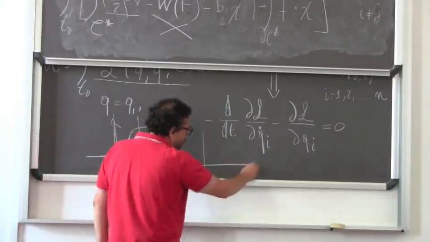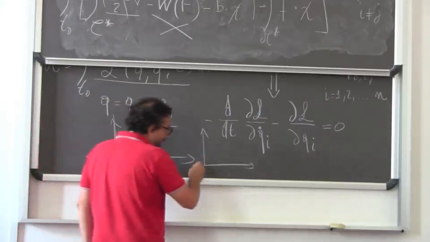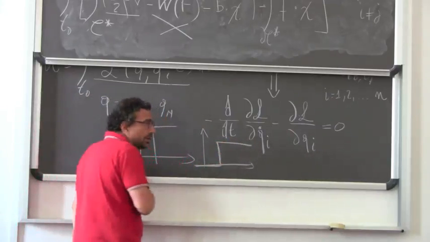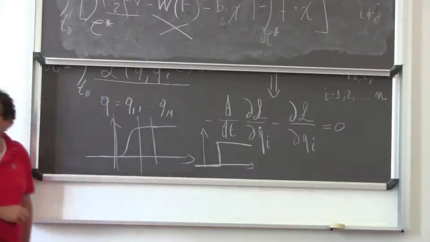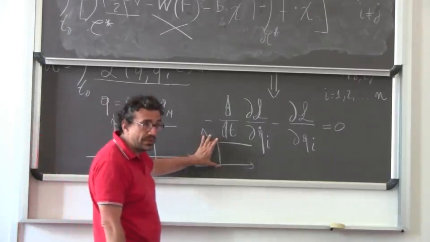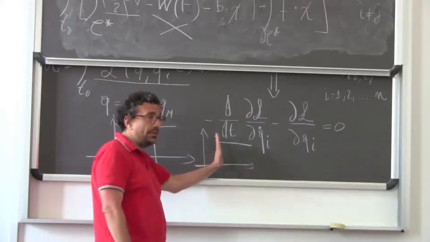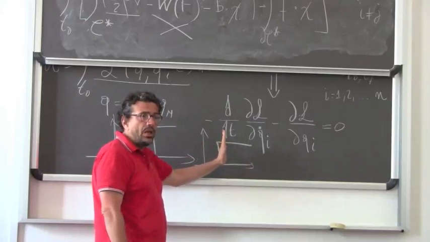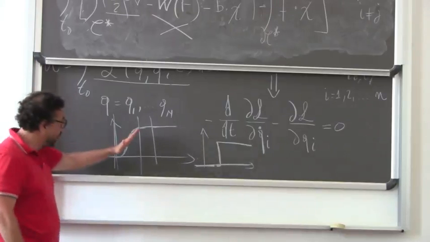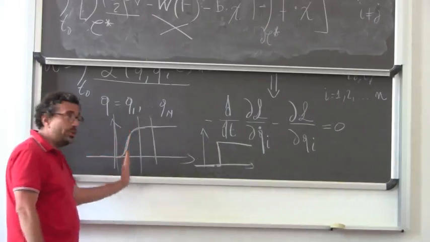When you change this slope in the limit, you will get a Heaviside function. Here you have a jump of displacement, which is the limit of a sequence of functions having a slope higher and higher, tending to infinity.